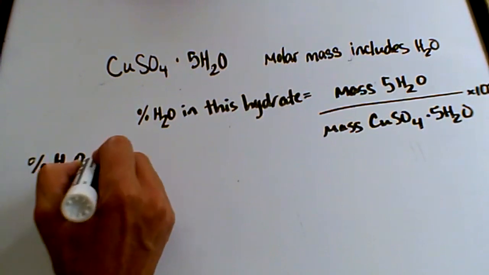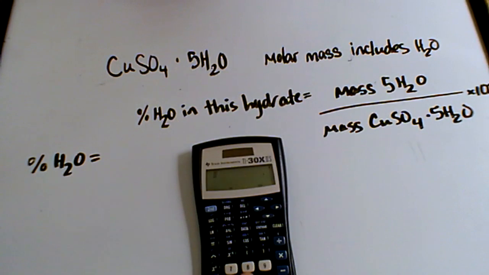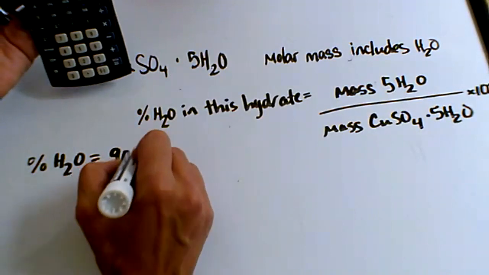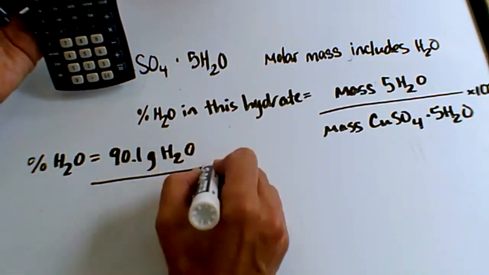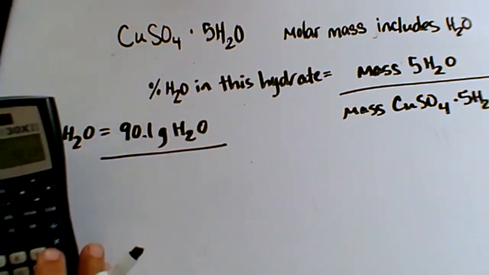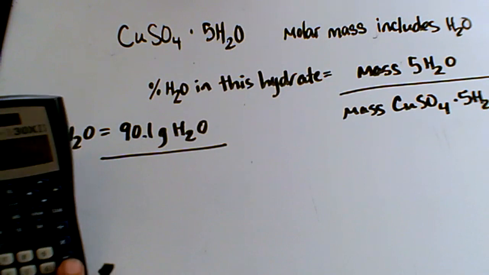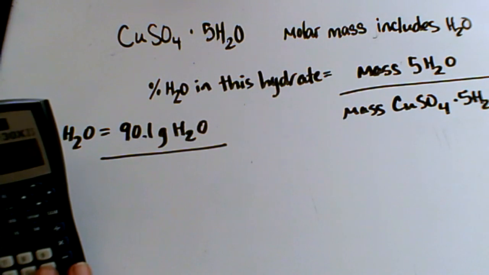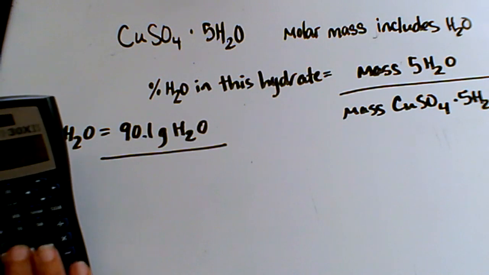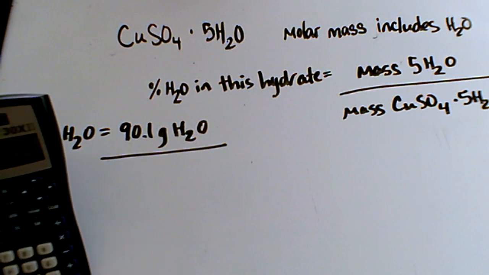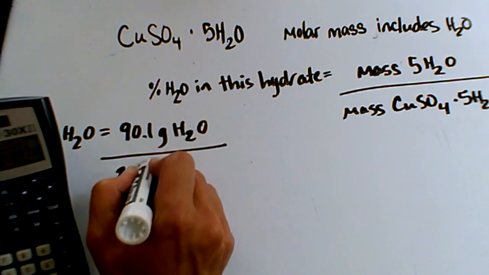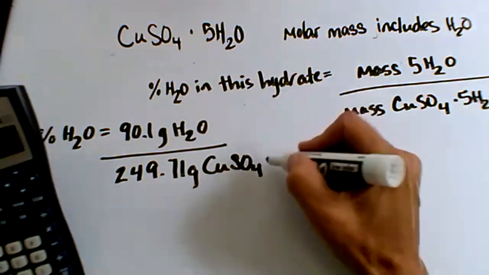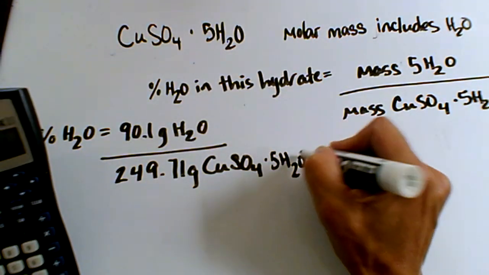So the percent water is equal to 5 times 18.02. That's the mass of my 5 waters, 90.1 grams of water, divided by the mass of my copper(II) sulfate, which will be my 5 waters, plus my copper, 63.55, plus my sulfur, 32.06, plus my 4 oxygens, 16 times 4, and that is 249.71, and that is the molar mass of CuSO4·5H2O, okay?